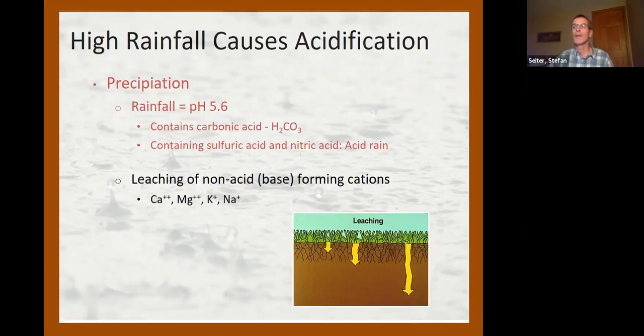Water leaches out many of these base forming cations like calcium, magnesium, potassium, and sodium, out of the top soil and into deeper soil layers, or sometimes into the groundwater. Just a reminder, cations are positively charged ions, and a lot of the nutrients that the plant picks up come in the form of these ions.